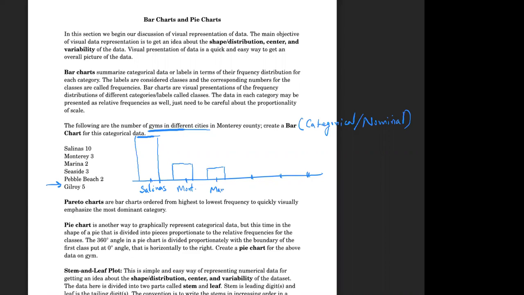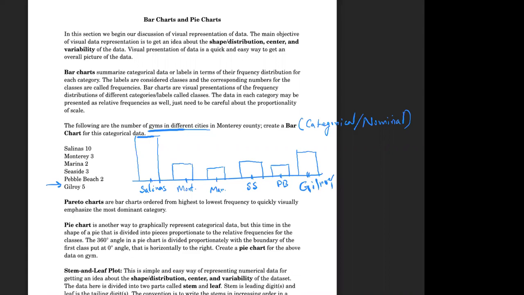Then Seaside has 3. So we're gonna make the height. Let's call it Seaside. And then Pebble Beach has 2. So let's make it 2 PB. And finally, Gilroy has 5. So there's 5. Gilroy.